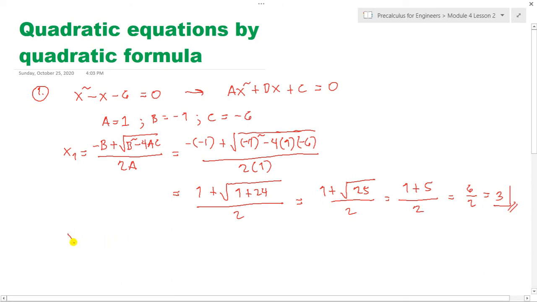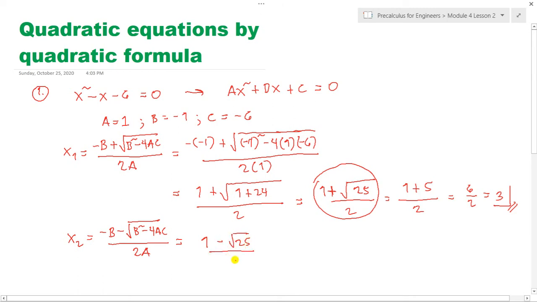How about the second one? So x sub 2 is equal to negative b minus the square root of b squared minus 4ac all over 2a. To make it easier, let's just work on this part, since only the sign changed from positive to negative. So let's copy 1 minus square root of 25 all over 2. So that is equal to 1 minus 5 all over 2.